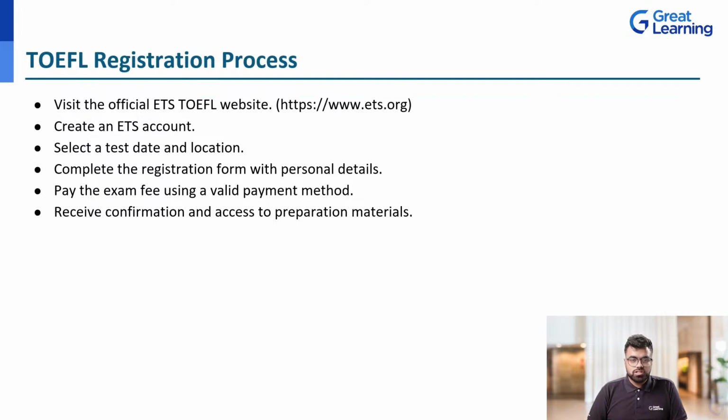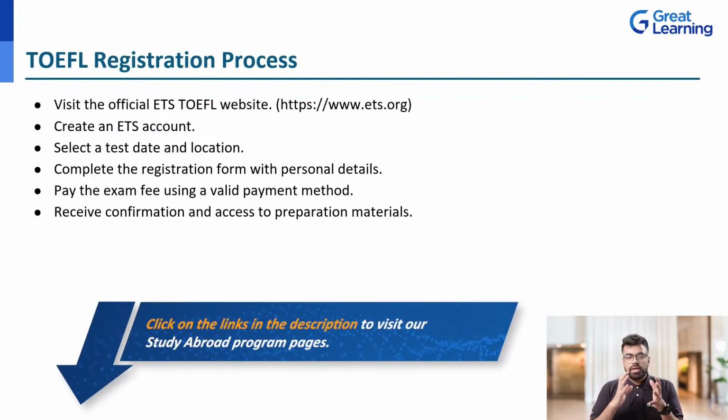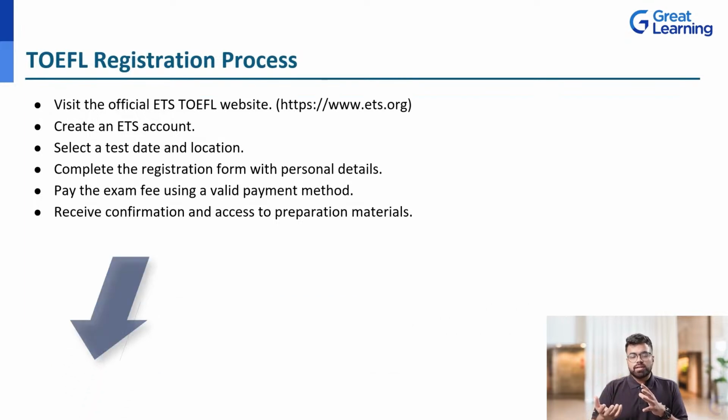Then complete the registration form, fill in your personal details and pay the exam fees using a valid payment option. Now in this case also you have to be very proactive. What does that mean? If you want to apply, there are basically two intakes. One is the fall intake for universities, one is the spring.